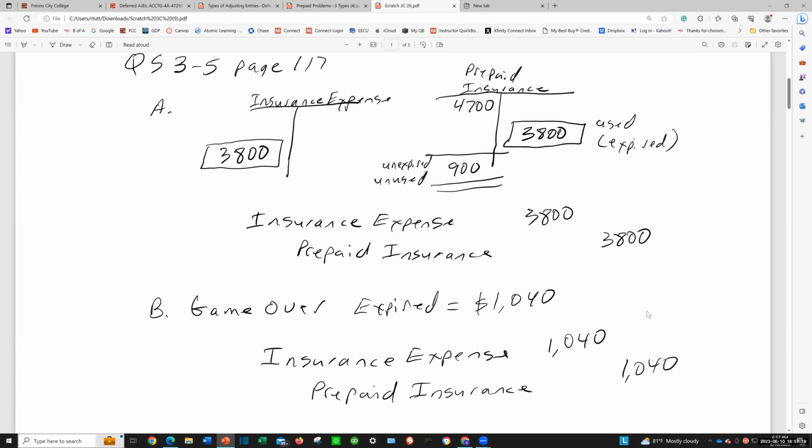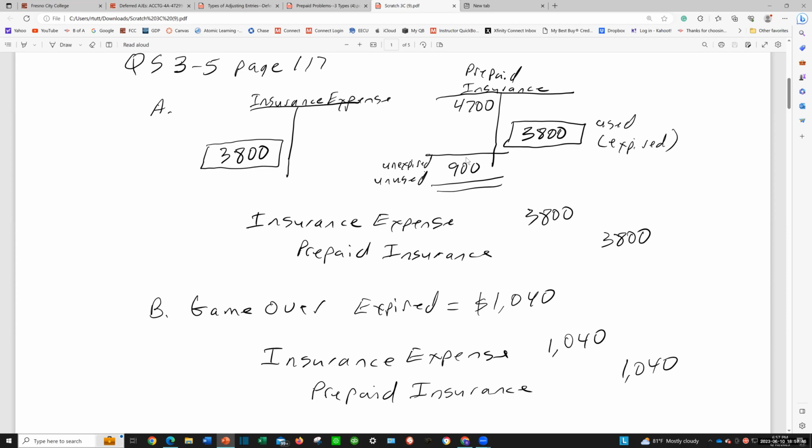Get your T accounts out, one for insurance expense and one for prepaid insurance. They give you what the prepaid insurance balance is. It's $4,700. Then they say, well, what's left? What's the unused part or the unexpired part? That's 900. Okay, so they give you that.